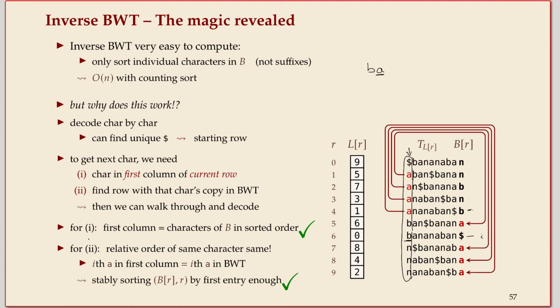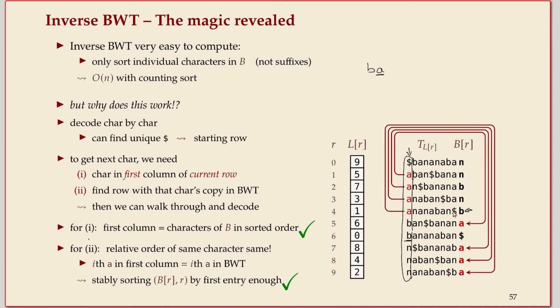So we're in this position now. The statement that I just made is that this last A is also mapped to the last A in the BWT. And you can see that this is true. It's the A that comes directly after the B. It's the second character in the string.